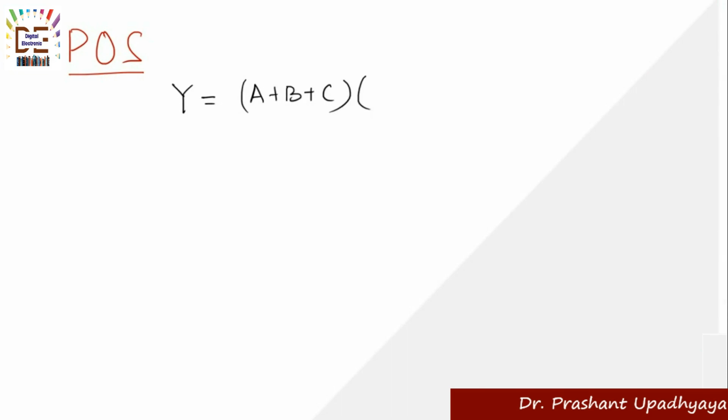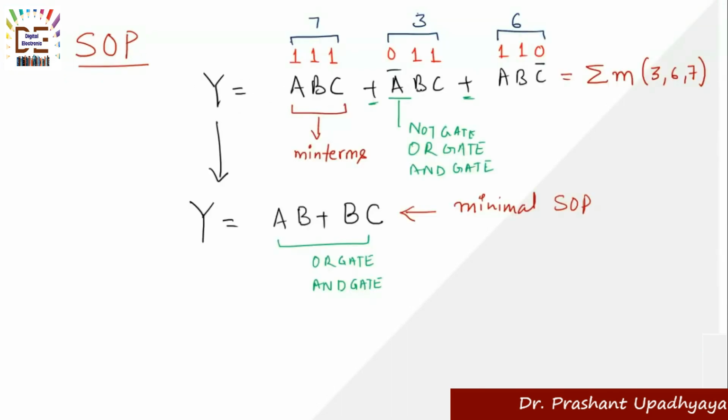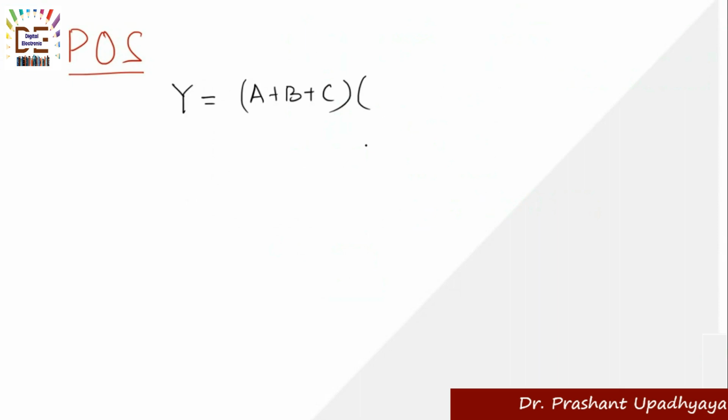Then, let's say, you can see we have taken A bar B C, so we will take A bar B C. Then A plus B plus C bar. Now why am I writing the same expression?